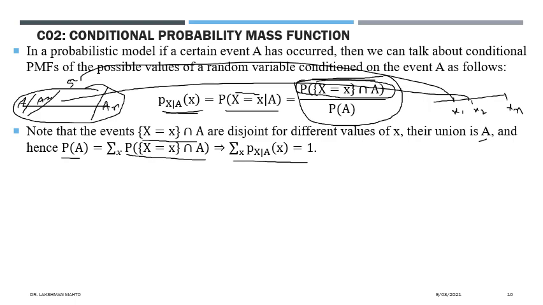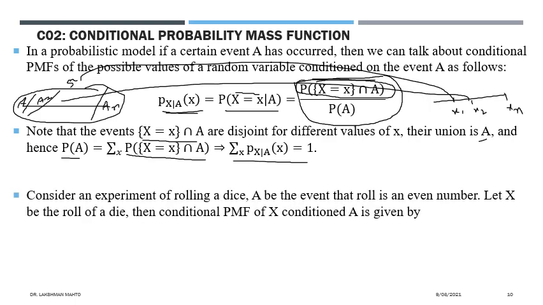That is why this conditional probability mass function is a legitimate, genuine probability mass function. It satisfies all the properties of a probability mass function.